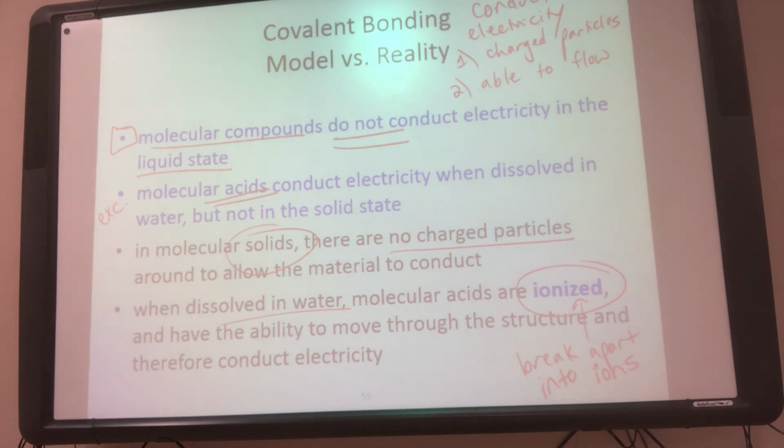For example, molecular compounds could be F2, or our pentane, C5H12, any of those. A molecular acid ends up being like HF or HCl, etc. And we're going to talk later about how you know that it's an acid compared to just a molecular compound.